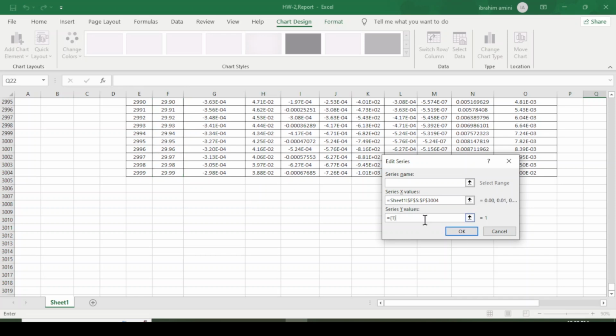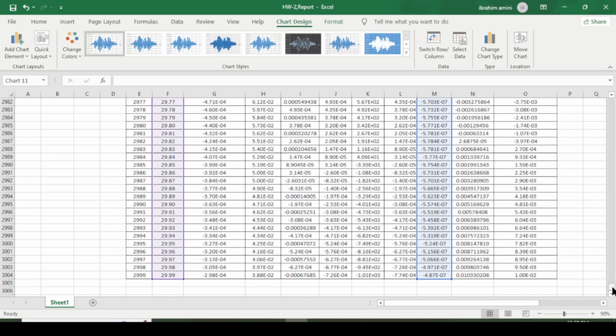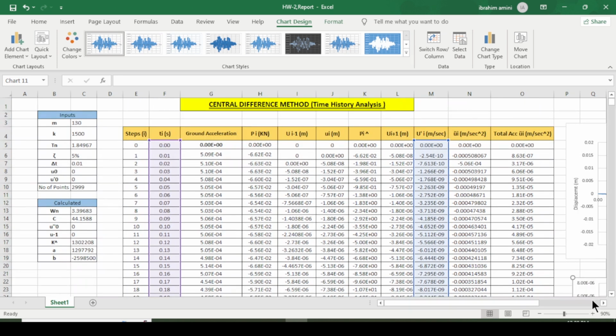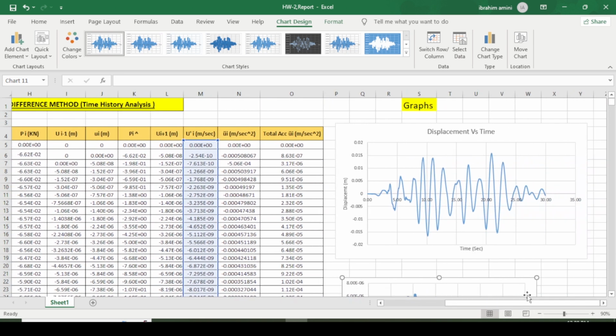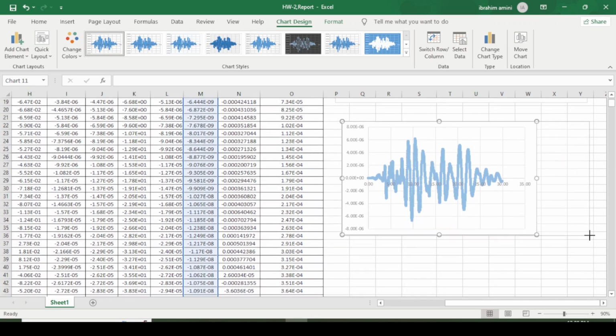Then I will select here for Y as well. I will remove this one, release, press OK and OK again, and look at the graph of velocity versus time.